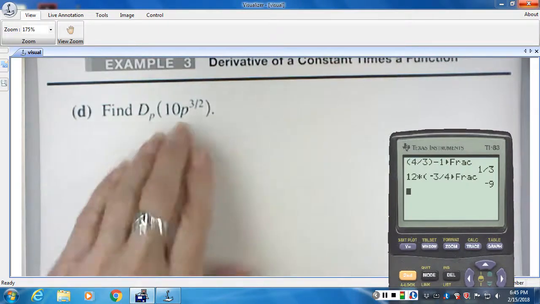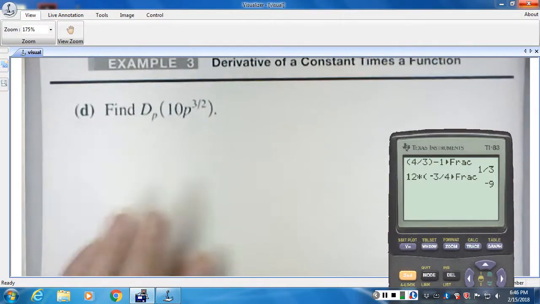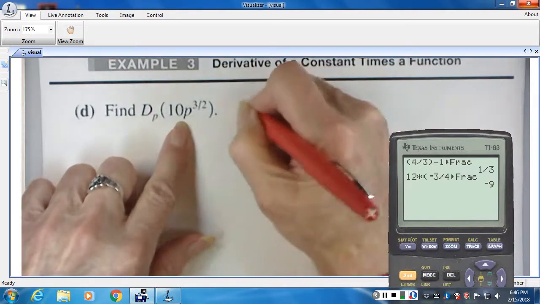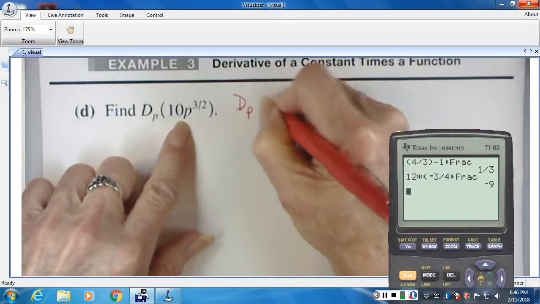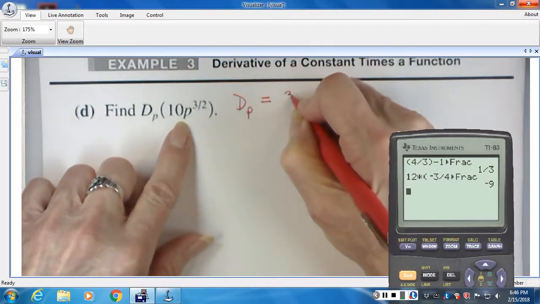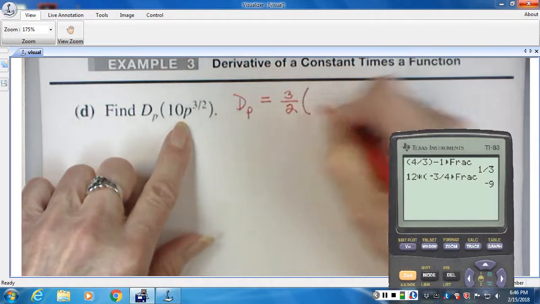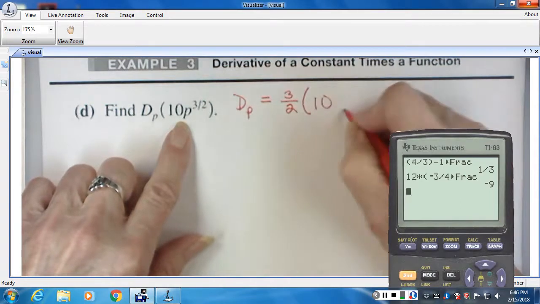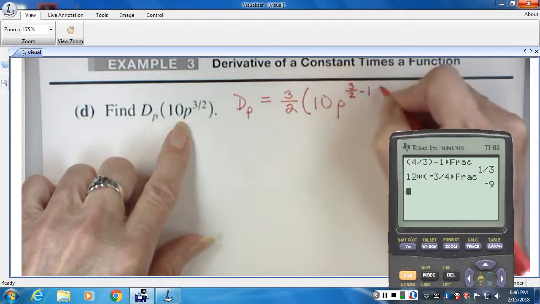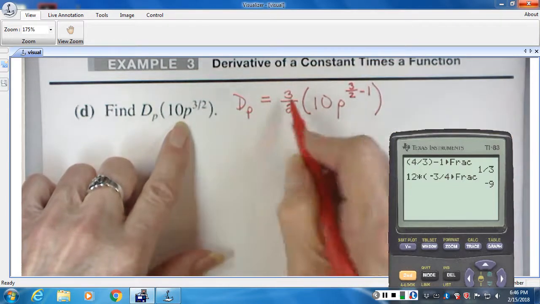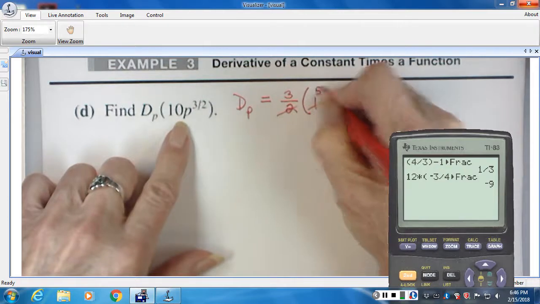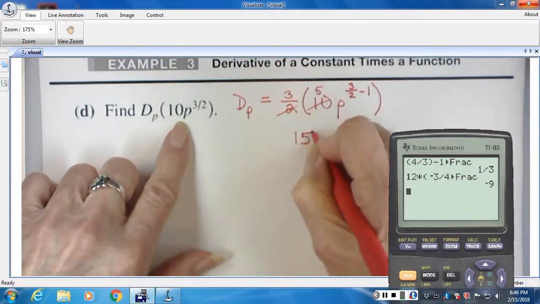This one has a fraction power. Once again, don't let the fraction throw you. The derivative with respect to p. Bring the 3 halves down in front, times 10p to the 3 halves minus 1. 3 halves times 10, 2 goes into 10 5 times, so that's 3 times 5 gives us 15.